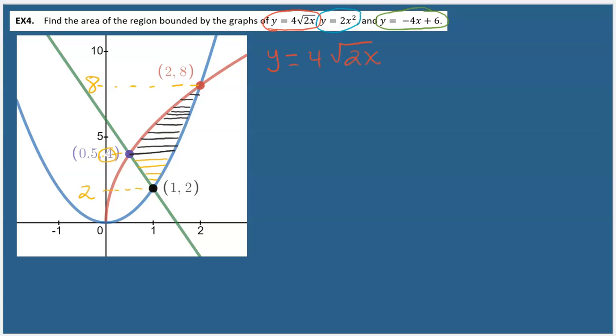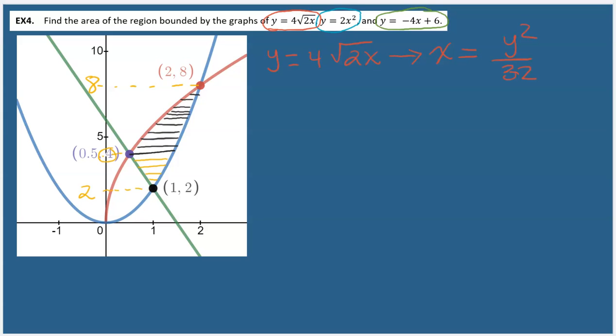We undo the process and solve for x. So x will equal y squared over 32. Pause the video and get there if you need to see that.